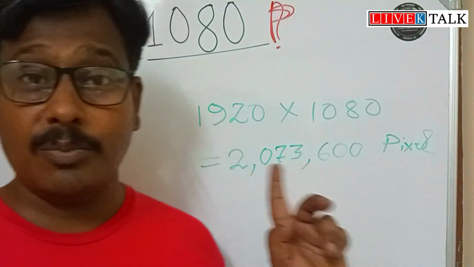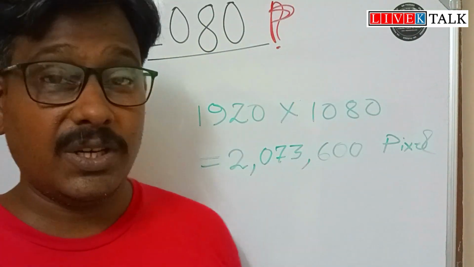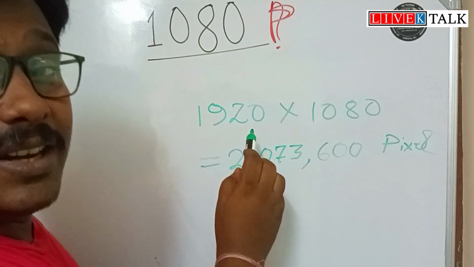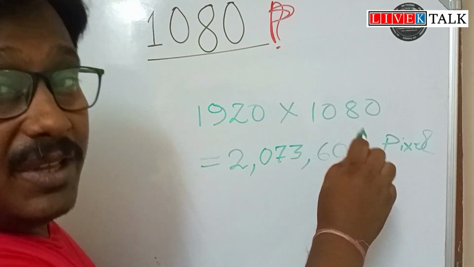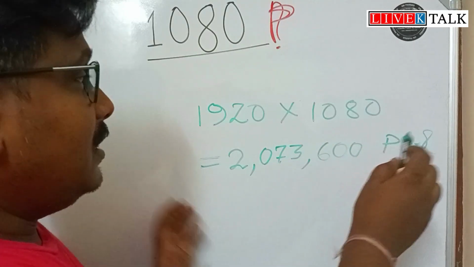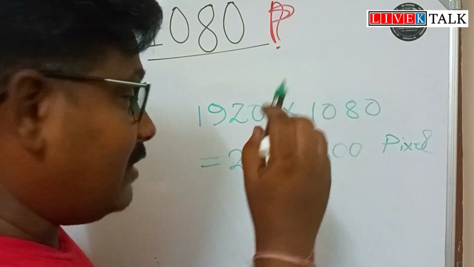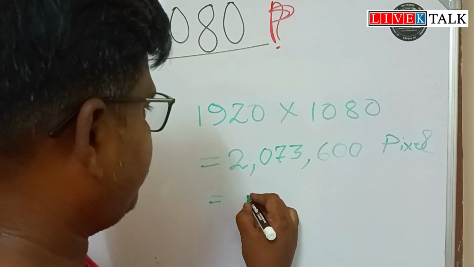These are the number of pixels in a full HD video signal. 1920 means horizontal resolution, 1080 means vertical resolution, and the product of them is the total number of pixels present in a frame.